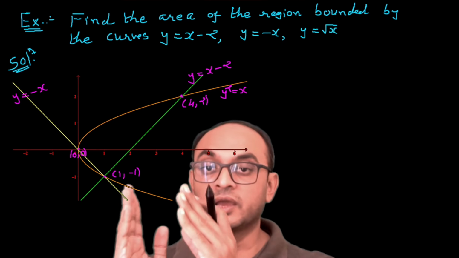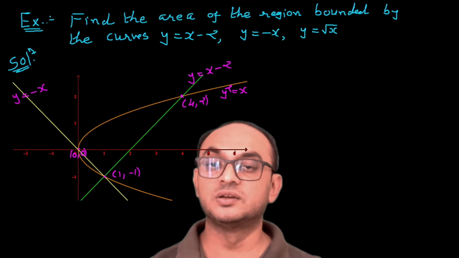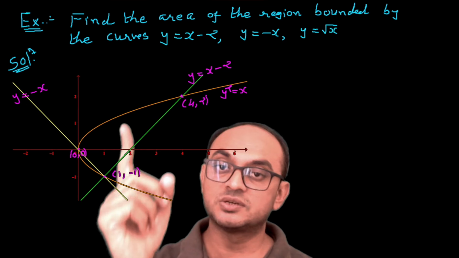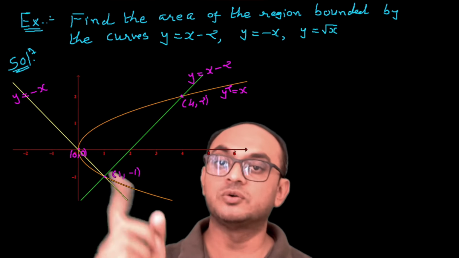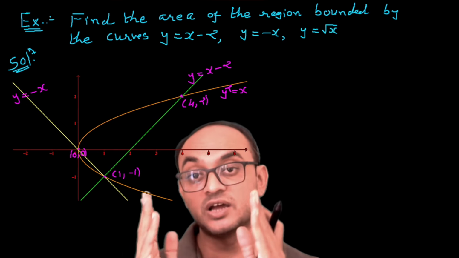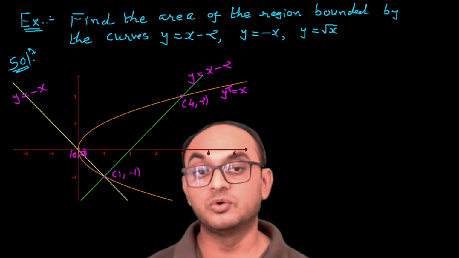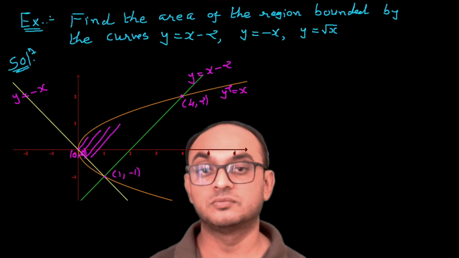Now in this figure, what is our region? The region is bounded by the curve y equal to x minus 2 and the line y equal to minus x. So our region R is bounded by 2 lines and 1 curve, which gives me this portion.